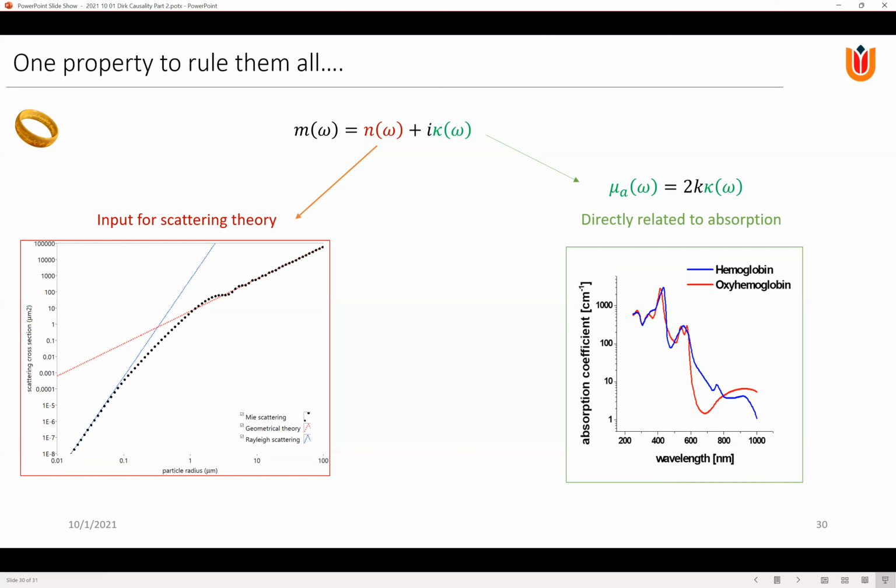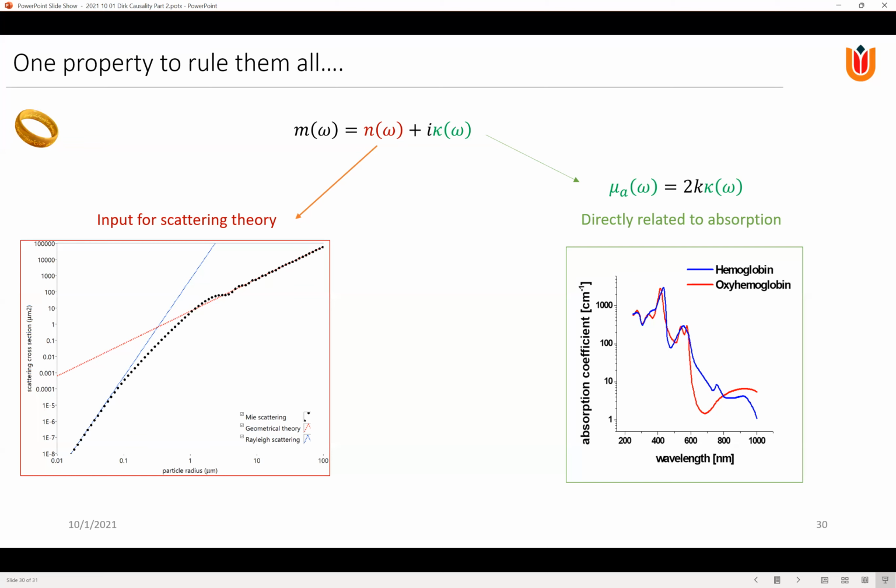So we have absorption on one hand related to the imaginary part, and scattering related to the real part of the refractive index. The two most important properties that describe light scattering, what we've seen is that they are part of one complex property, the complex refractive index.